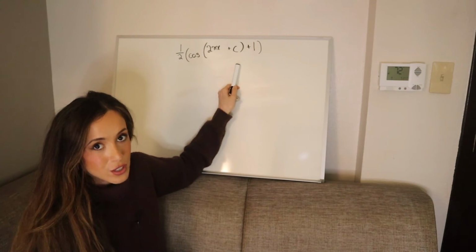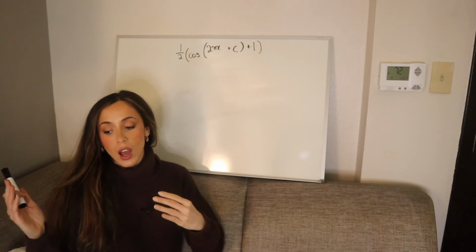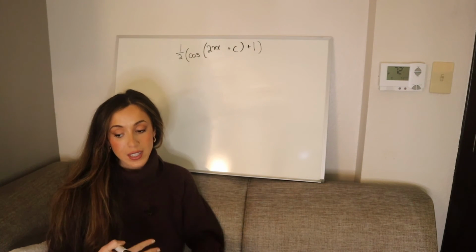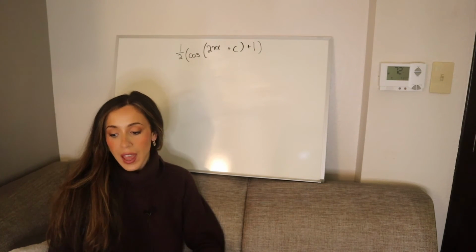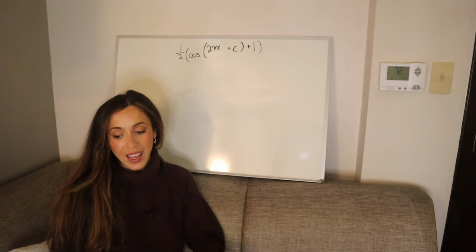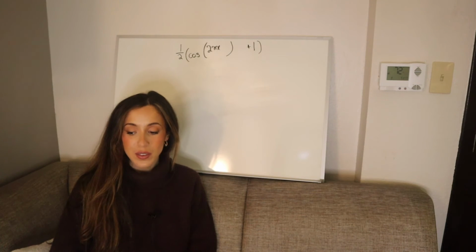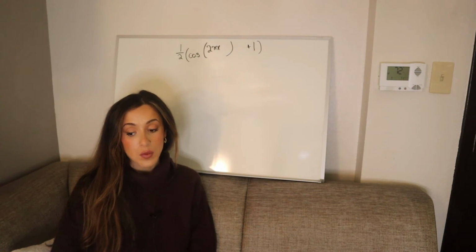C is the horizontal shift. Since cosine of 0 is always 1 and 0 is an integer, there is no need to shift it. Therefore, C equals 0.